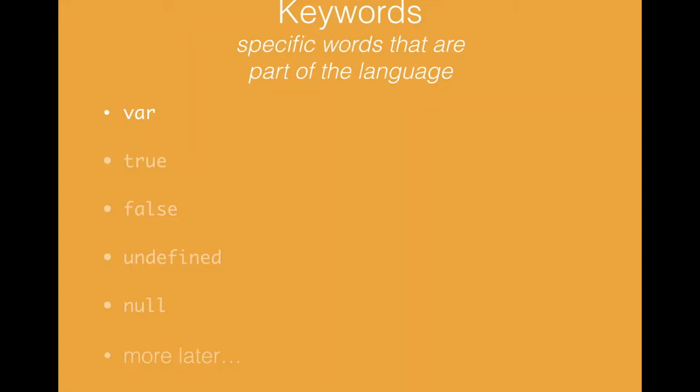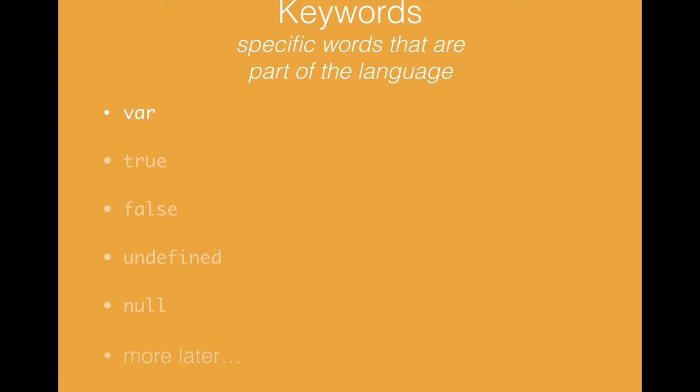All right, another major construct that we have are something called keywords. They are specific words that are part of the language, and therefore they're sort of reserved. We have a lot of flexibility to use variable names and things that whatever we'd like. You'll see that coming up, but there are a number of examples of keywords that signal something very specific to JavaScript.